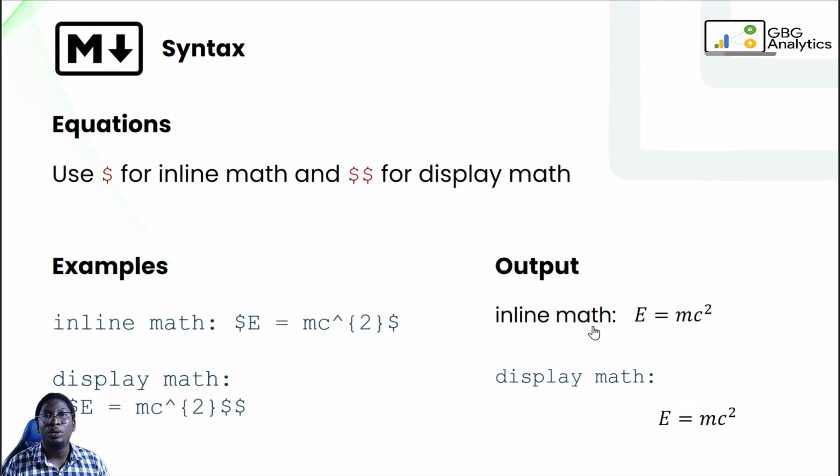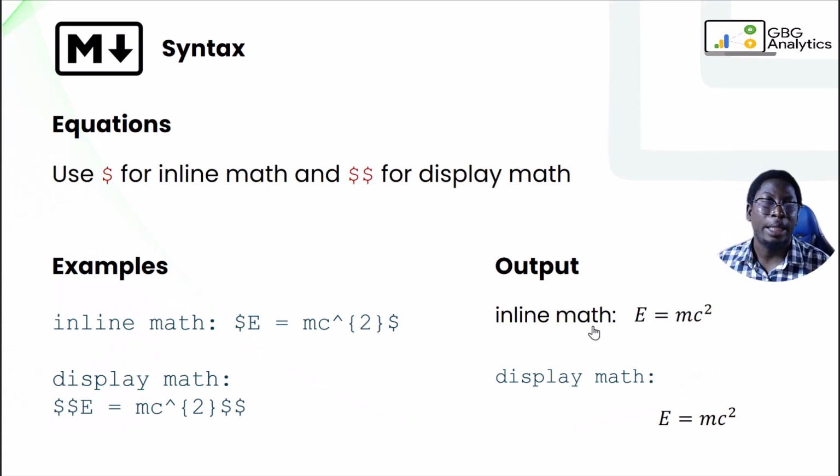Now let's see how to use Markdown to create an equation using LaTeX symbols. For example, to create an inline math, you will use a single $ sign. And for display math, you will use a double $ sign. For example, let's use Einstein's mass-energy equivalence equation to see how we can use both the single $ sign and double $ sign for rendering our equation.